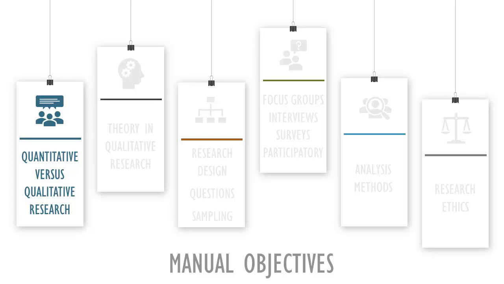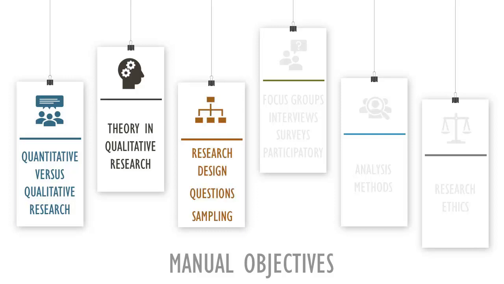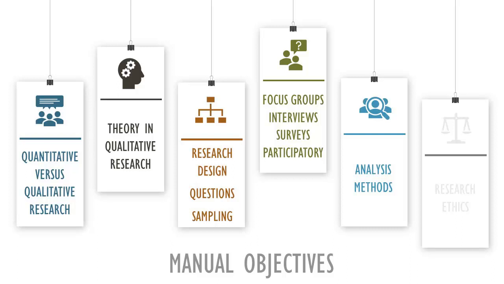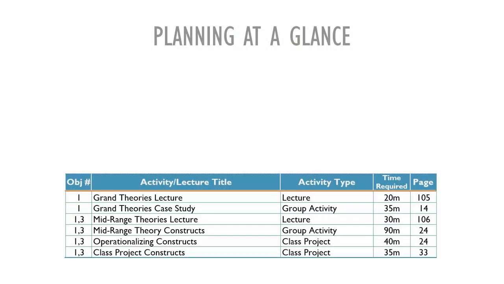This includes a module on the differences between quantitative and qualitative research, how theory differs in qualitative research, and why it must be directly integrated into the research process, qualitative research designs, research questions, and sampling, how to conduct qualitative data collection activities, including focus groups, interviews, surveys, and participatory methods, how to analyze and interpret qualitative data, and ethical considerations in qualitative research.